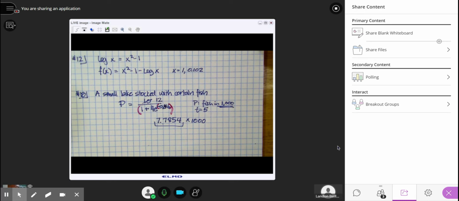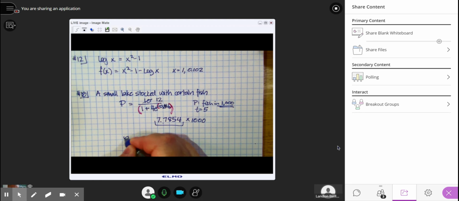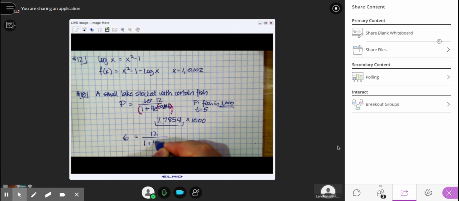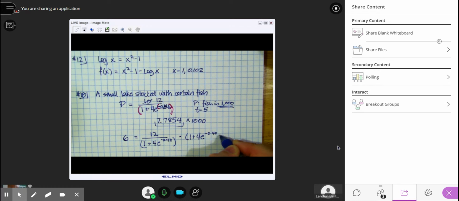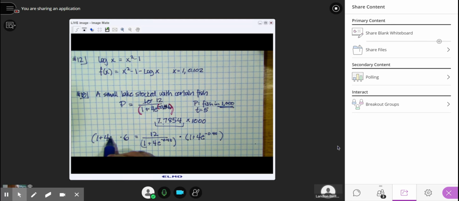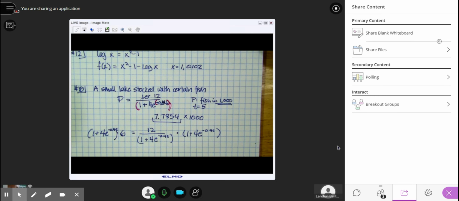Multiply both sides by your denominator to get it out of the denominator. So you'll have 6 is equal to 12 over 1 plus 4e to the negative 0.4t. So I'm just going to multiply both sides by 1 plus 4e to the negative 0.4t. And that eliminates the denominator.